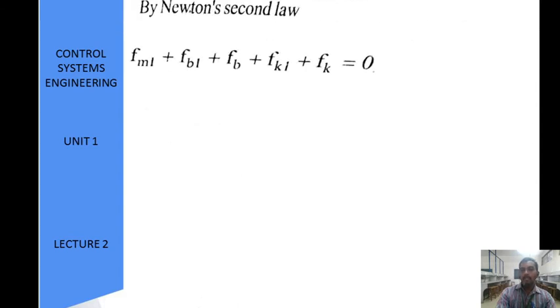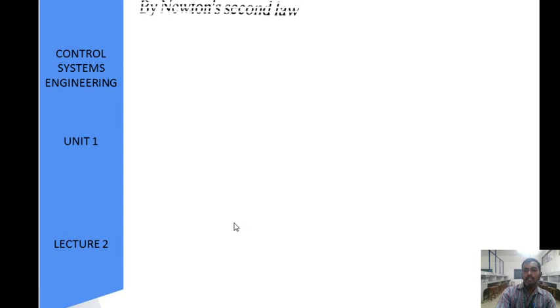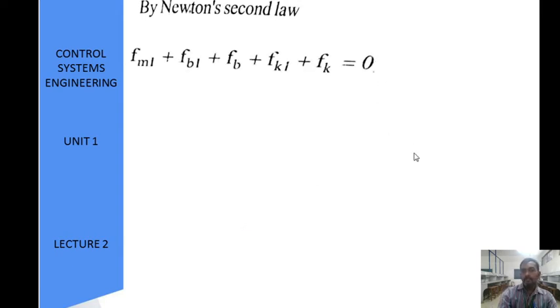By Newton's second law, we know that F equals ma, that is, the applied force is equal to the sum of the opposing forces. Here, as we have seen, no force is applied to m1, that's why we have written 0, and these are the opposing forces.